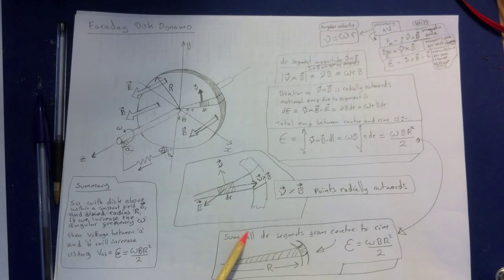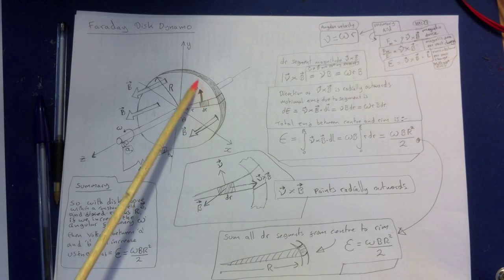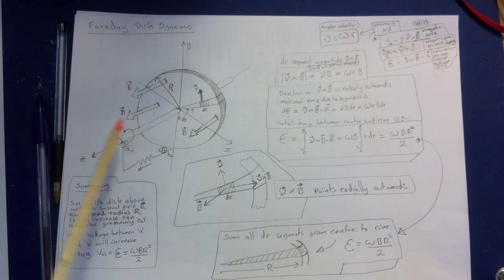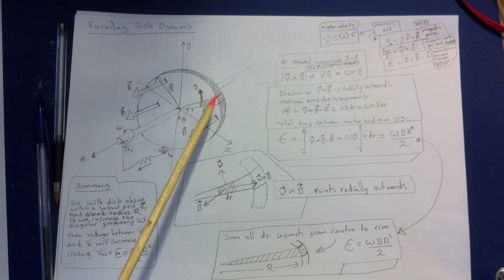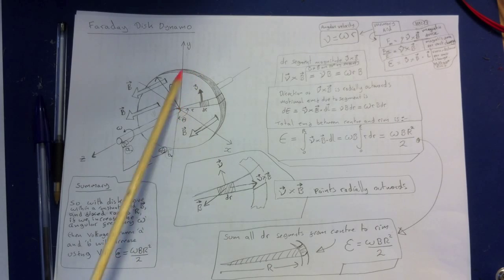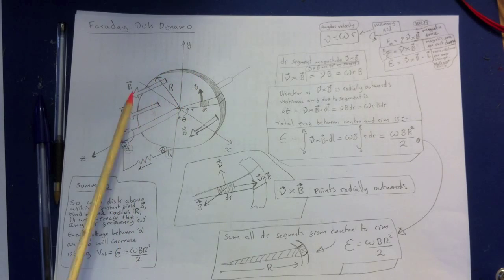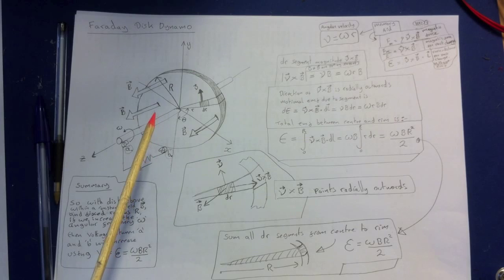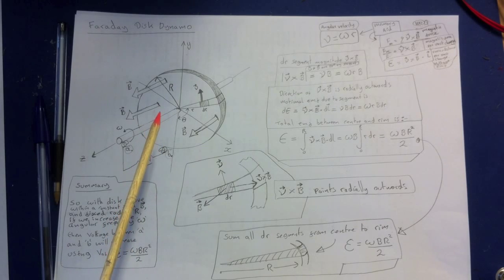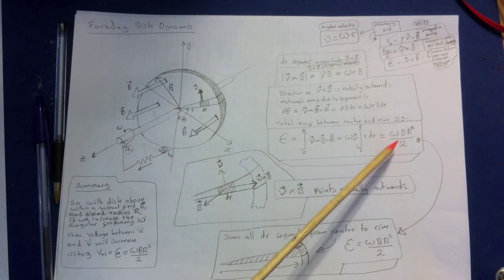But all the radial segments of the disc are in parallel, so you've got all of these radial segments all the way round. So the EMF between the centre and the rim is the same as that in any of the radial segments, so the potential difference is going to be the same all the way around. Thus the entire disc is a source, and the EMF between centre and rim equals wBR squared over 2.